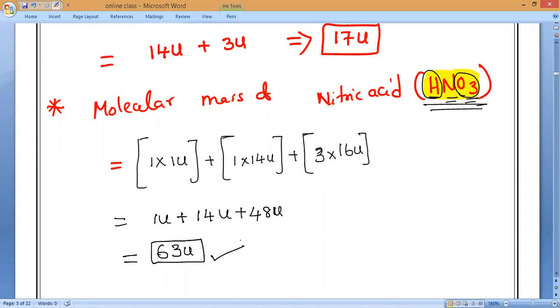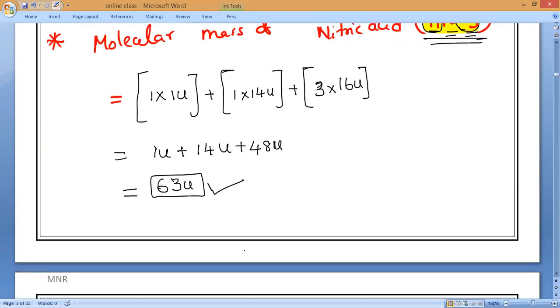So like this, we will calculate the RMM, relative molecular mass. So it means 63 u. What do you mean by that? How many times is it heavier than 1/12 of carbon-12? 63 times heavier.